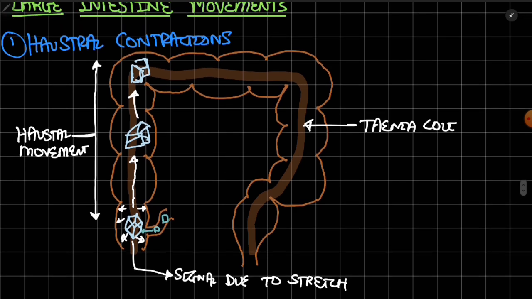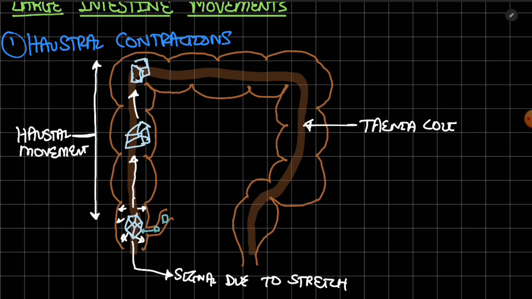This movement of haustral contraction mainly occurs in the ascending colon itself. The other colon parts, like the transverse colon and the descending colon, are for mass peristalsis, not for haustral contraction. So haustral contraction occurs only in the ascending colon. This was all about haustral contraction.